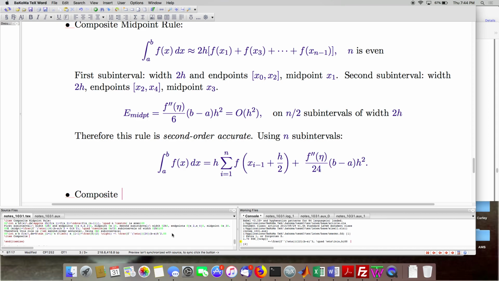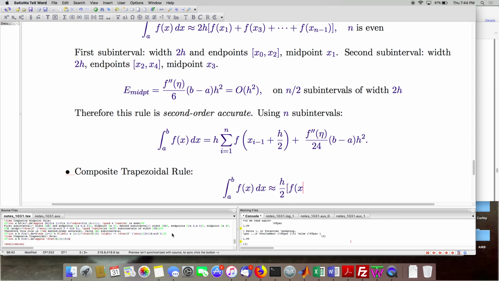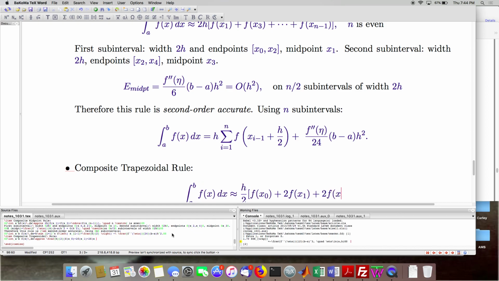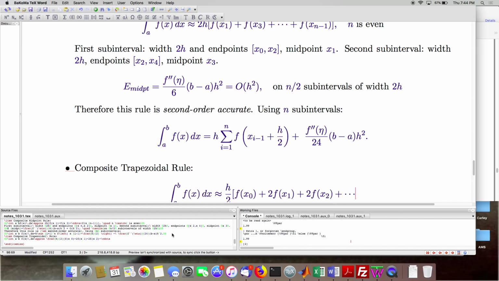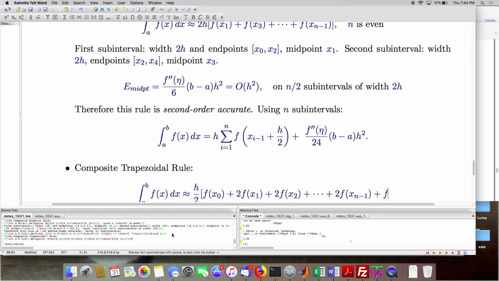Composite trapezoidal rule. Okay, so here I have h over 2 times f of x naught plus 2f of x1 plus 2f of x2 and so forth, all the way up to the second to last node plus f of xn.